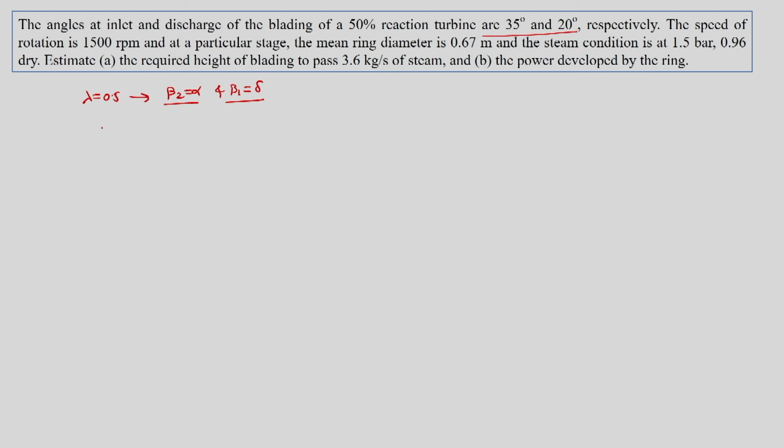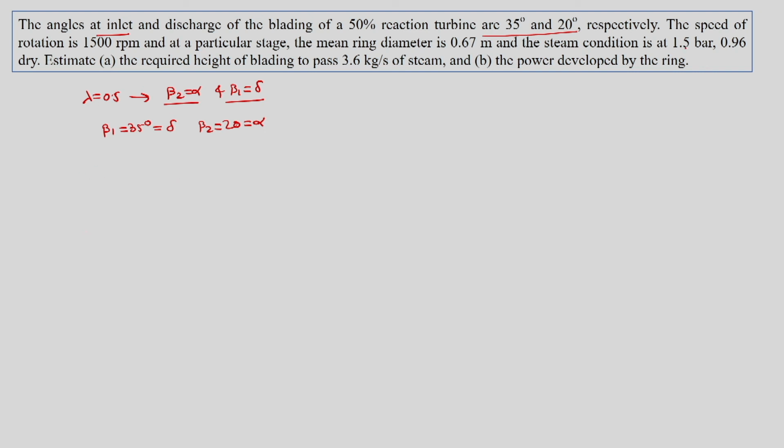So we are told that beta 1 is equal to 35 degrees since it is at the inlet, and so this is equal to delta, and beta 2 is equal to 20, so this is equal to alpha. Having said this, we should proceed.